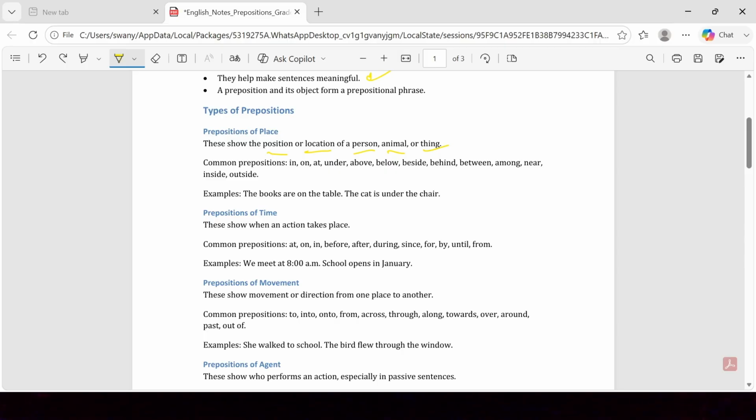What you're supposed to know under the preposition of time: the most common preposition of time we have is at. And at is used to show specific time.